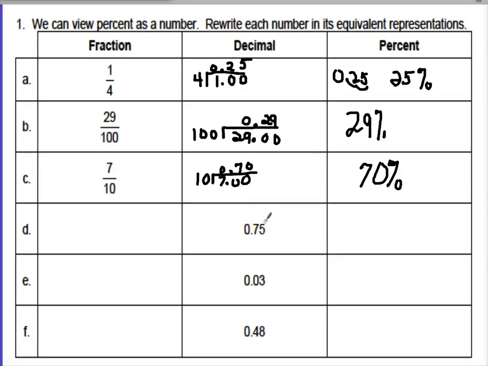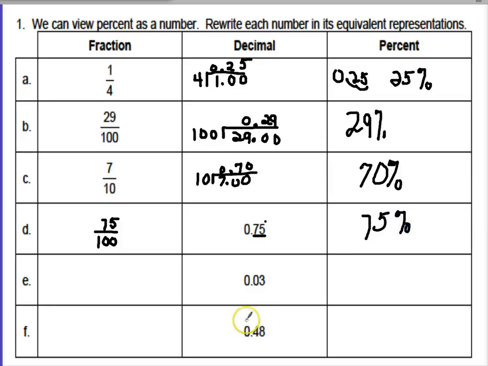When I say the last place value position, that becomes your denominator. So my denominator is going to be 100. Well, what's my numerator? That would be the 75. So there is my fraction. There is my decimal. I'm going to move this 2 places, and there is my percent.